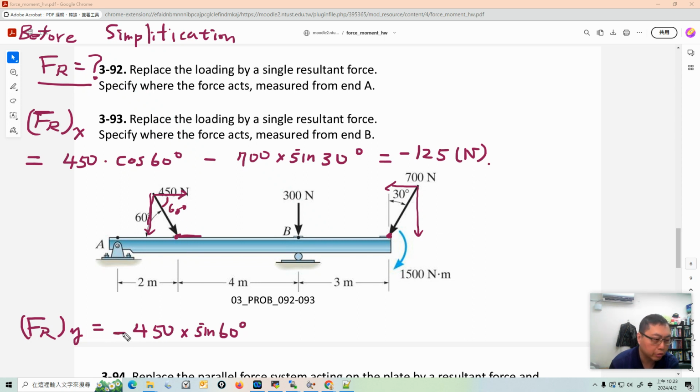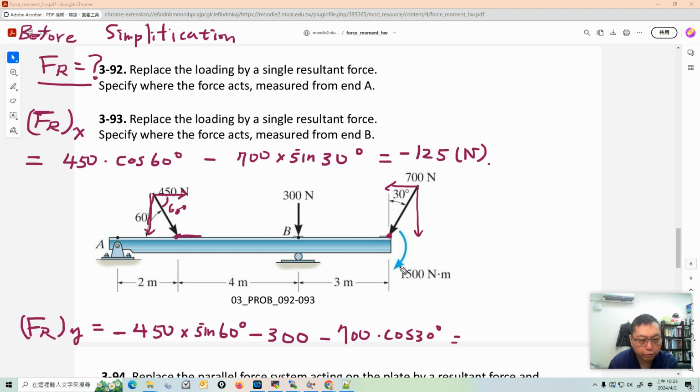Be careful with the positive and negative signs. Here we have the 300 Newton force pointing down, so that's minus 300. And here is 700 times cosine 30 degrees, also pointing down, so it's negative. I think that's all.